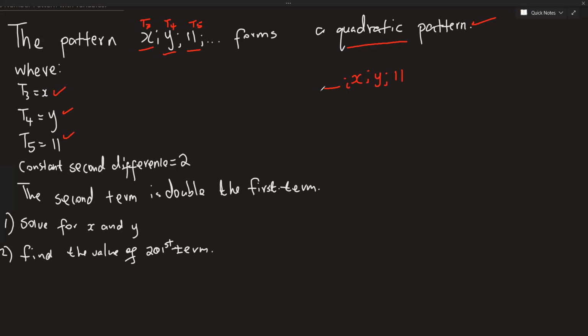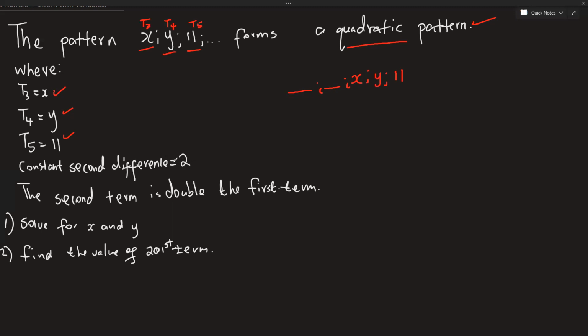Here I must have T2, and here I must have T1, because they started at T3. Do we see it? So I'm going to create spaces for term 2 and term 1, and then continue reading.